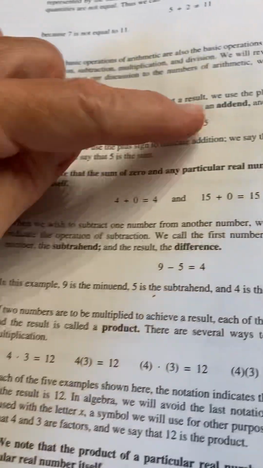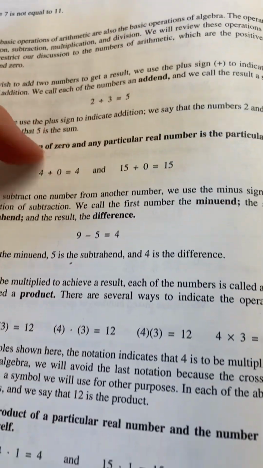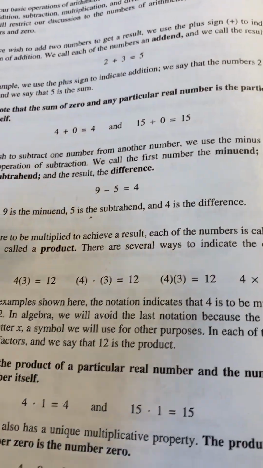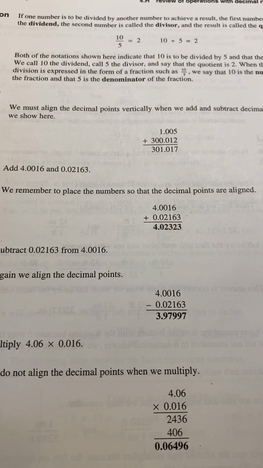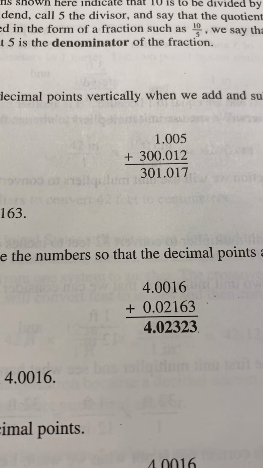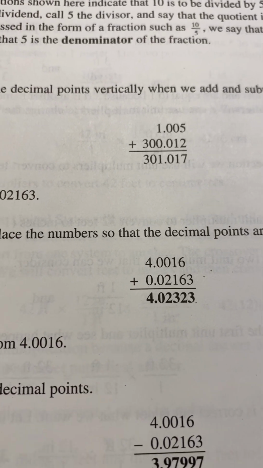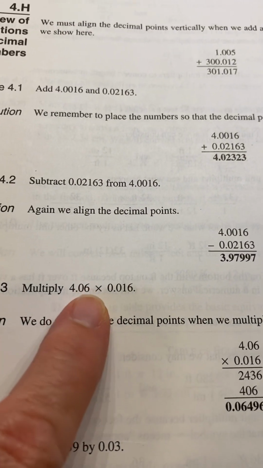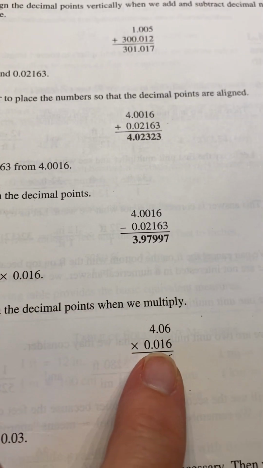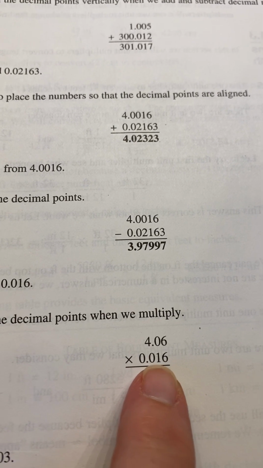The basic operations, please read this. You're going to have to know what addends are, what the difference is, the product, what does that mean, and then a review of some decimal numbers. When you add decimal numbers, you line up the decimal points. Same with subtracting. When you multiply, you do not line up the decimal places.